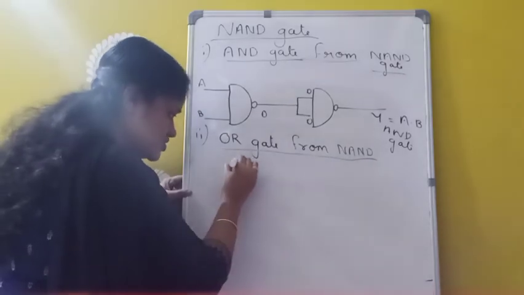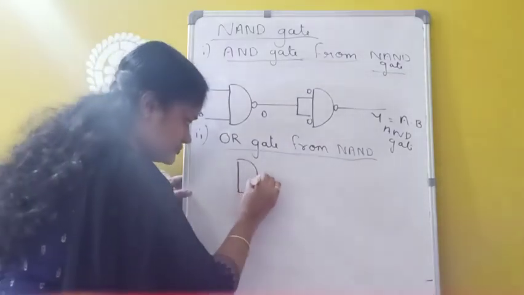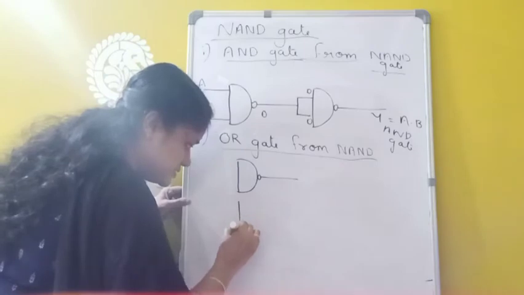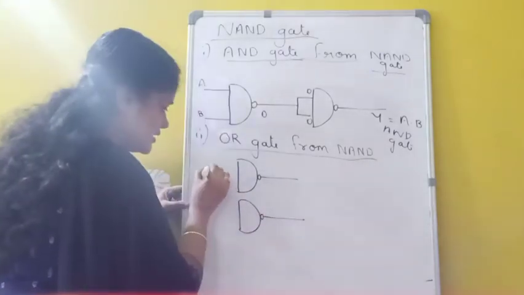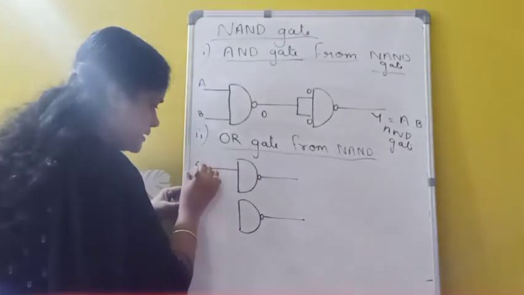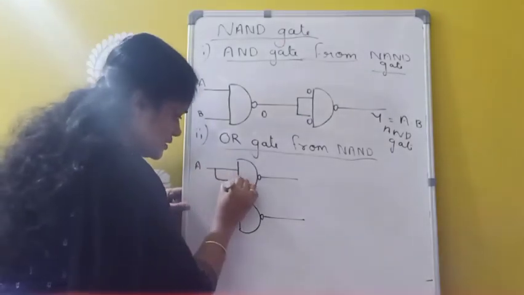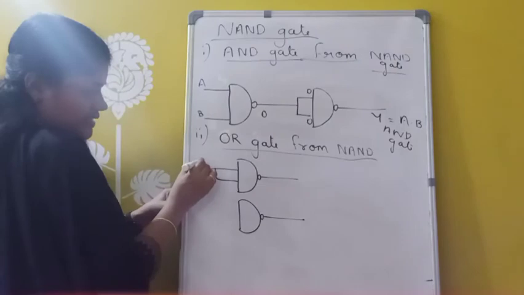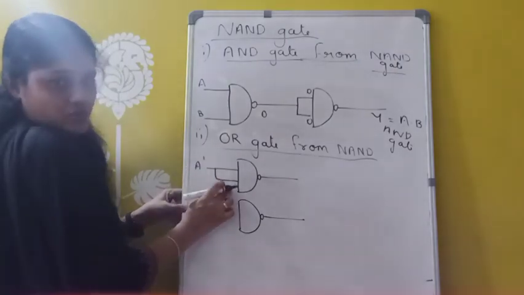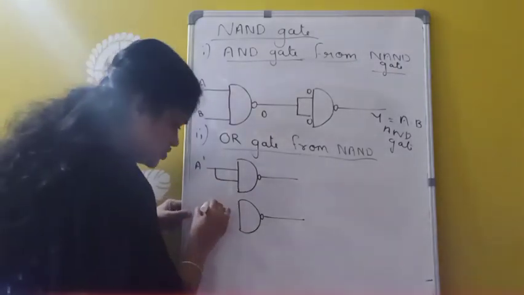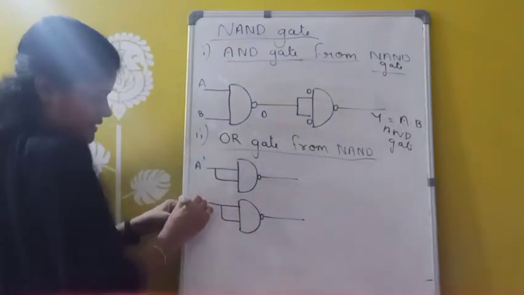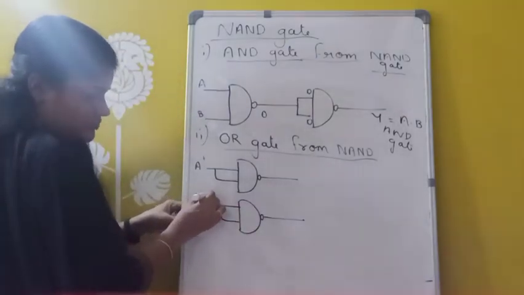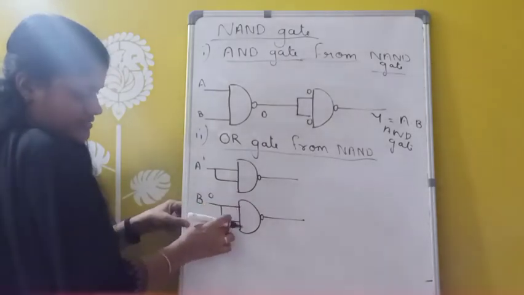So first NAND gate and second NAND gate, and here one input, the same input. Suppose A equal to 1, then both inputs are 1. Similarly here also both the inputs are the same, B. Suppose here we take 0, then both inputs for this NAND gate will be 0.